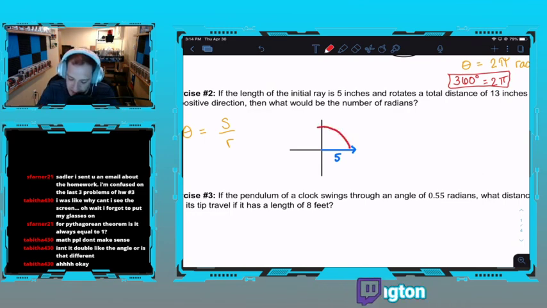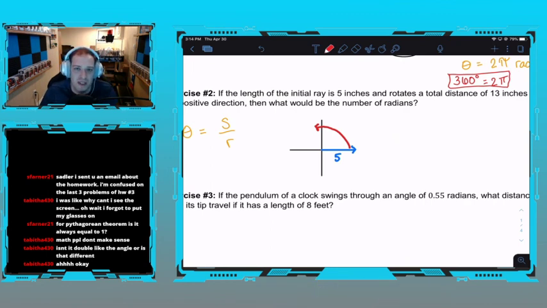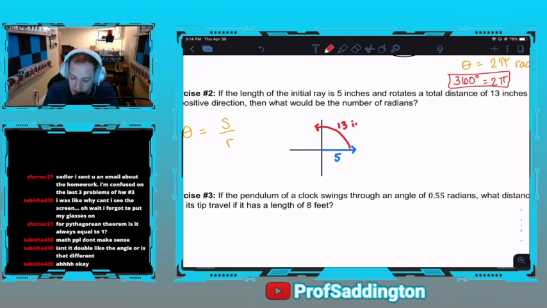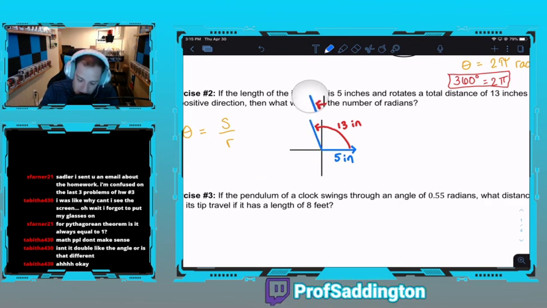Since this is just a sketch, we don't really know what quadrant it's in until we figure out what the answer is in radians. So all I can say is this rotation is 13 inches, and it's going to end somewhere over here based on my drawing.